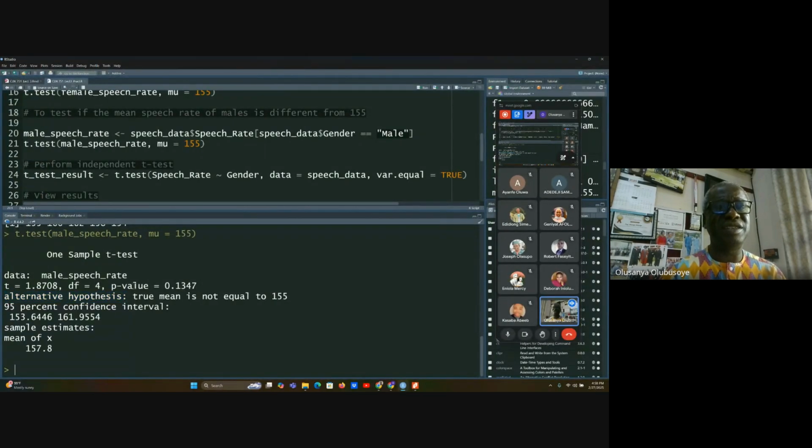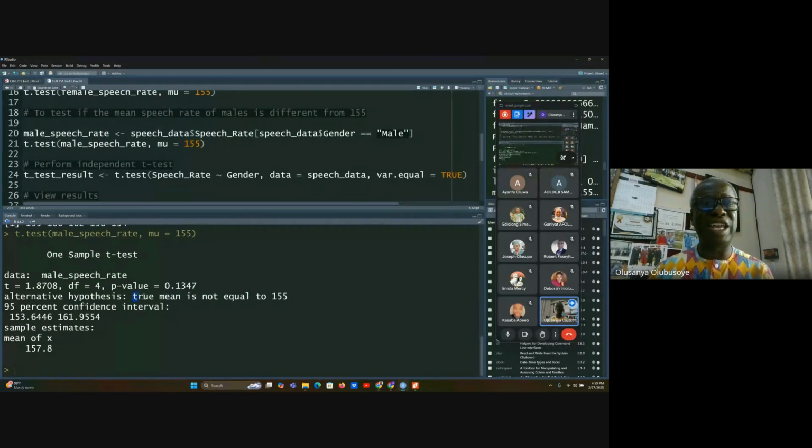You will see that in this case, the p-value is 0.1347, which means this p-value is greater than our 0.05. That means we have weak evidence against the null hypothesis, which means we fail to reject the null hypothesis.